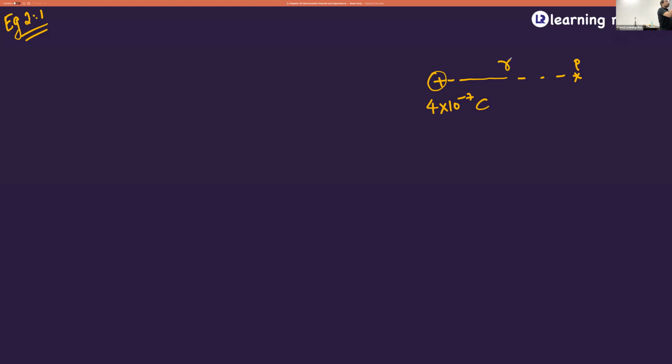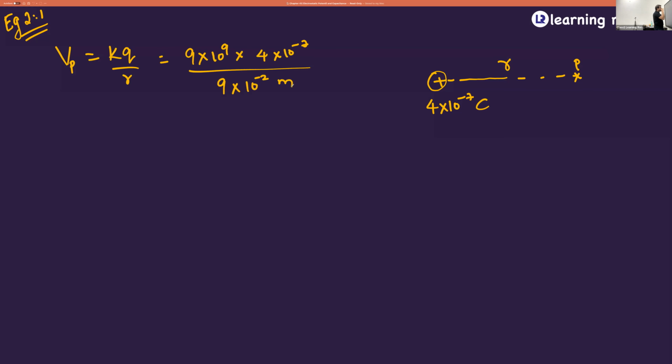Right? If I take this distance to be R, for instance, what is the potential at point P? It is going to be KQ divided by R. So K is going to be 9 into 10 power 9 into Q is 4 into 10 power minus 7 divided by R is how much? So 9 and 9 will get cancelled.